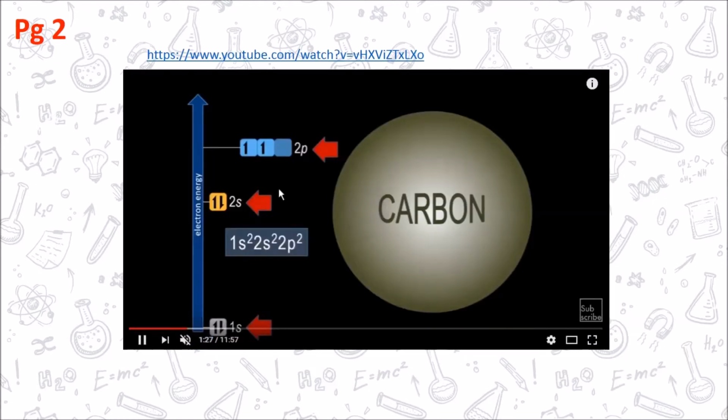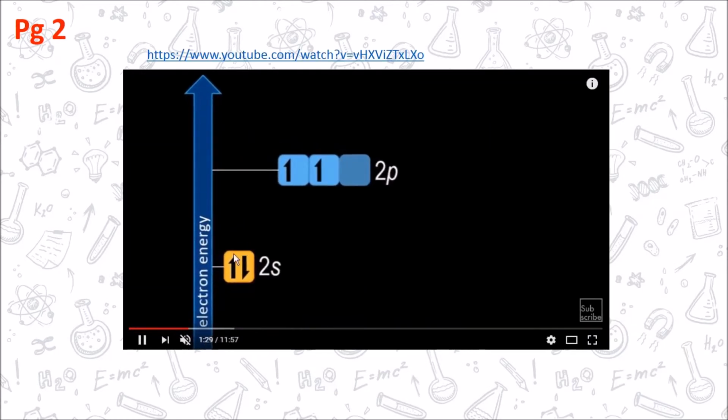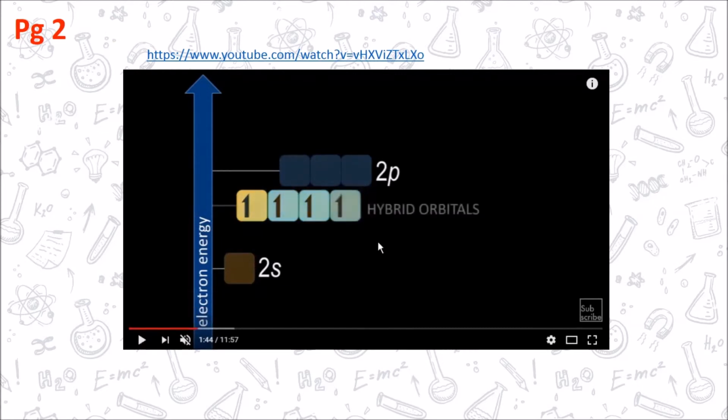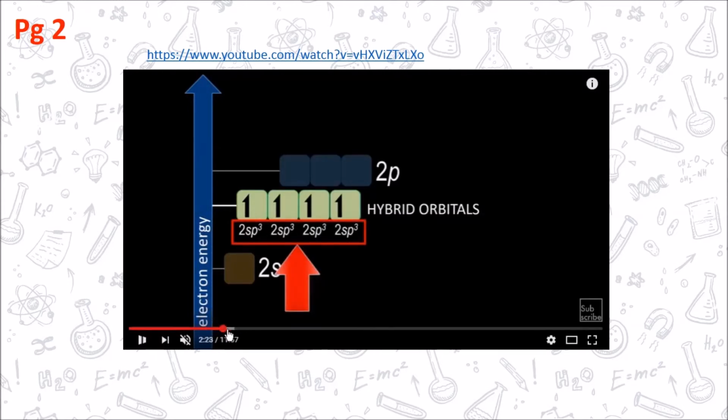As you can see here, I have my s and p orbitals, 2s2 2p2, which is my ground state carbon. Later on you are going to see it gets excited, and then after I hybridize, they all become degenerate, of the same energy level, and I have 4 unpaired electrons here. Let me skip forward a little bit. These are all my sp3 hybrid orbitals.